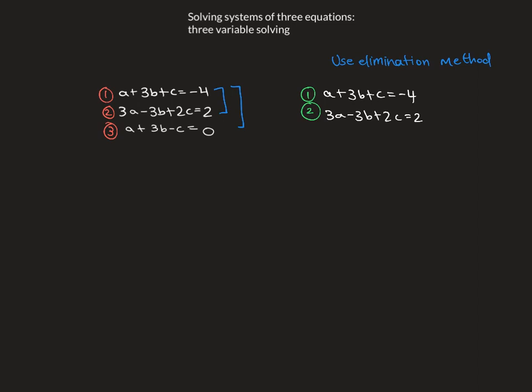What I mean by that is you're basically going to match up your opposites. So in equation 1 we have positive 3b, and in equation 2 we have minus 3b. So we can cancel off our 3b's, and then we can add up everything else that hasn't been canceled.